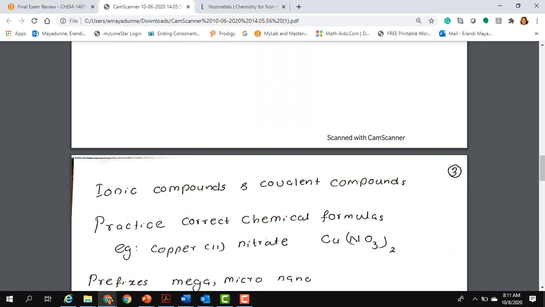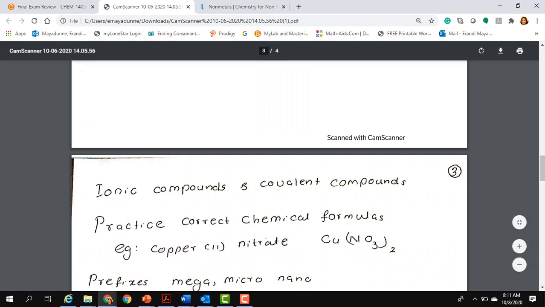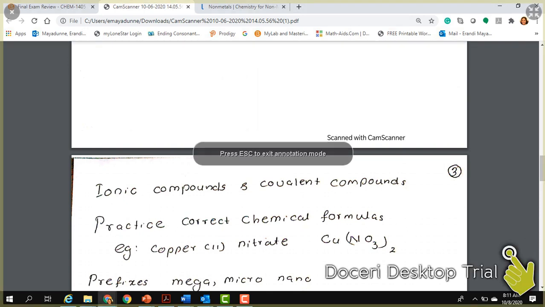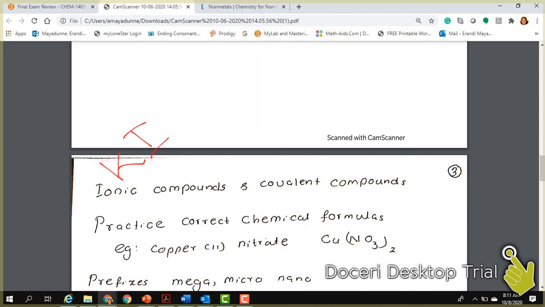That is the important thing to know. Ionic, metal and a non-metal. Covalent, two non-metals. For example, potassium iodide is an ionic compound.